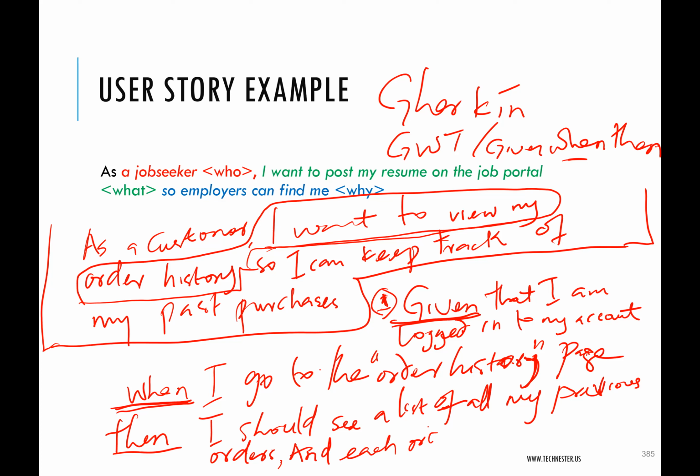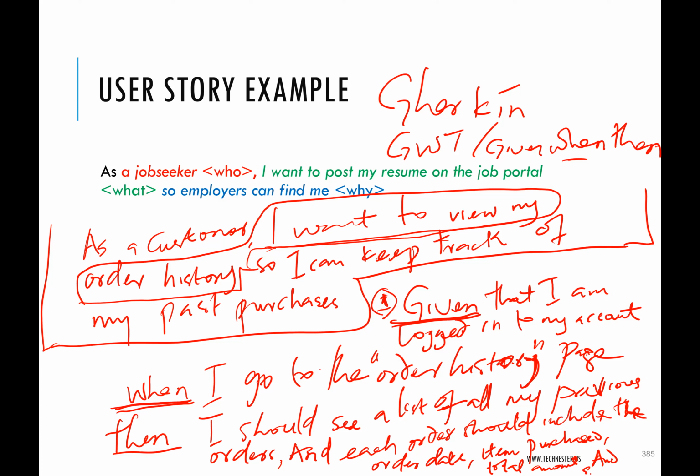So I'll say each order should include the order date, comma, item purchased, comma, total amount, and shipping information.